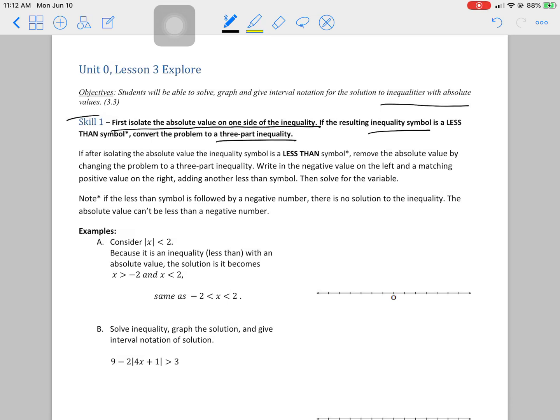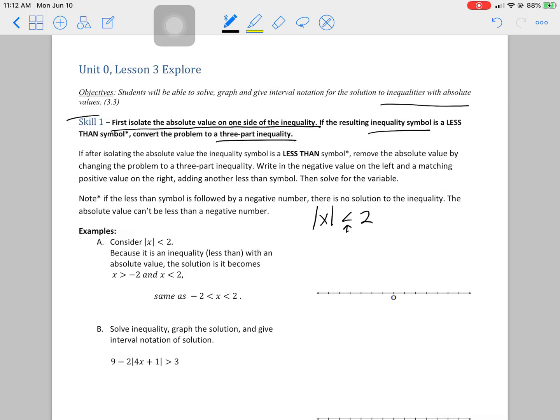Okay, so it's a little trickier when you're trying to figure out a number that's less than something in an absolute value or greater than. So for something simple here, the first one says the absolute value of x is less than 2. So you're left with the absolute value alone on one side and a less than symbol. Okay, it said convert it to a three-part.